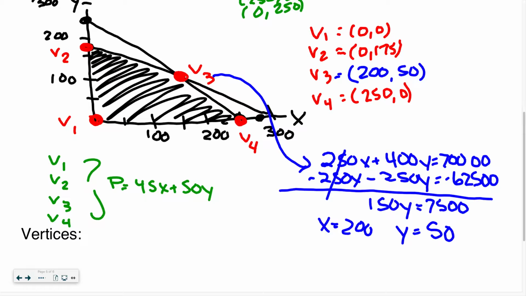Well, which one is definitely not going to maximize my profit? 0, 0. Okay, this is the minimum of the bounded region, right? So I'm not even going to test that one. But I don't really know which of the other ones work. So for V sub 2, I would do the profit equals 45 times 0 plus 50 times 175. And that one is 8,750.